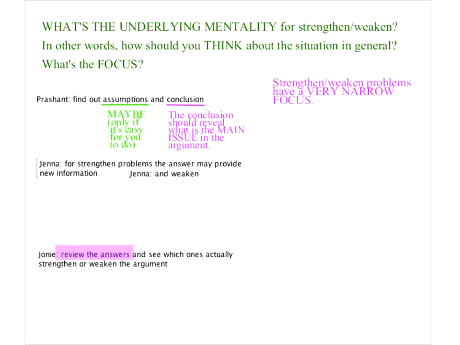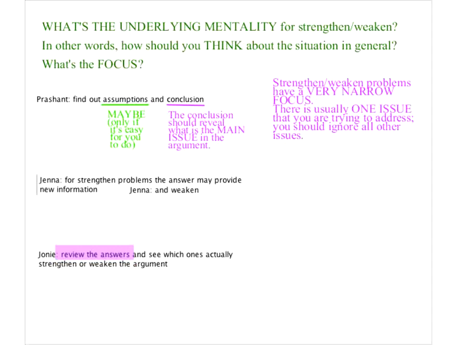There's infrequently more than one issue, but there is usually one issue that you are trying to address, and you should ignore all other issues. So yeah, the new information thing, we'll come back to that in a second.